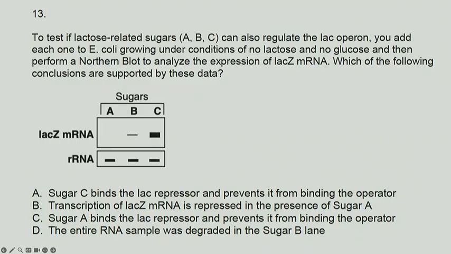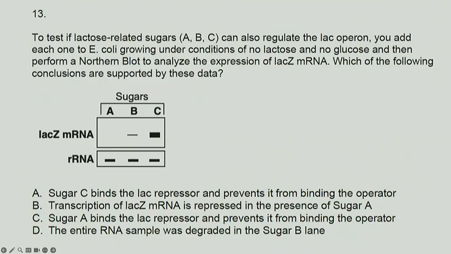All right. So if we're going to look at whether other sugars can regulate the lac operon, first of all, let's clarify what conditions we're working under. We're working under conditions of no lactose and no glucose. So what's the state of the lac operon by default with no lactose and no glucose?